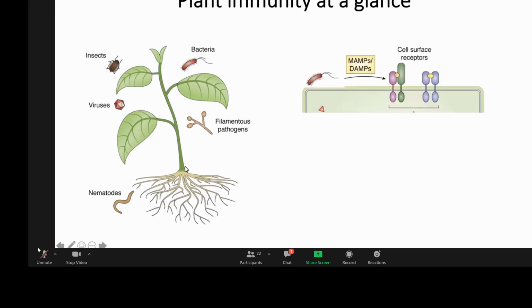And one way it's able to do this is that it has a very robust immune system. So these cell receptors present on plants are able to recognize microbial associated molecular patterns. In this one example, it can recognize a flagellum, for example, and then mount an immune response.